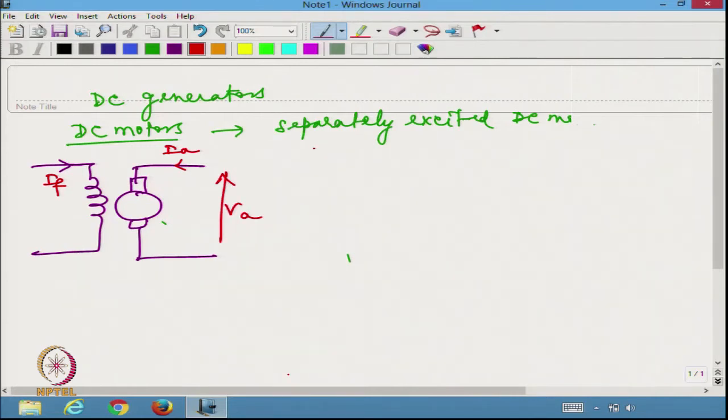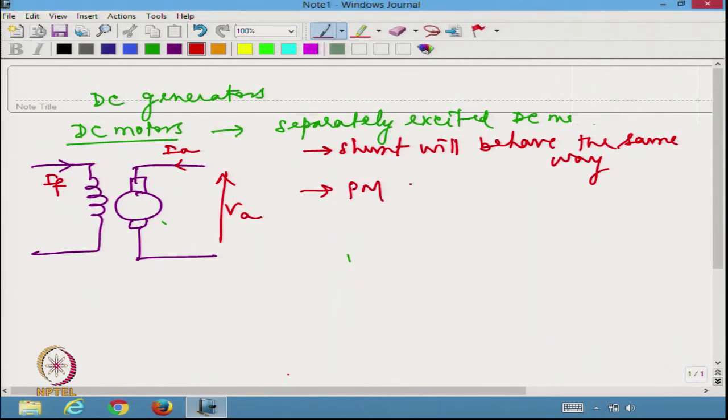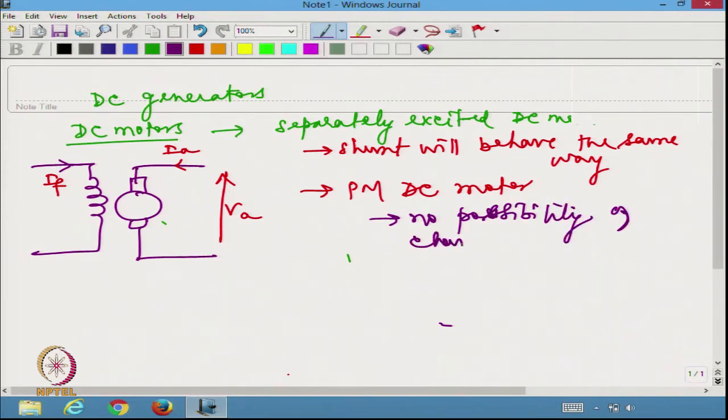Shunt is almost similar, it will behave almost the same way, and a permanent magnet DC motor is also almost similar, except that it has no possibility of changing the excitation, no possibility of changing the flux. That is the major difference. Otherwise, all of them behave almost similarly.